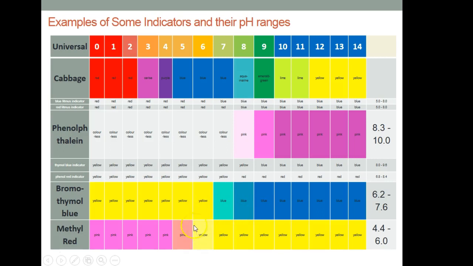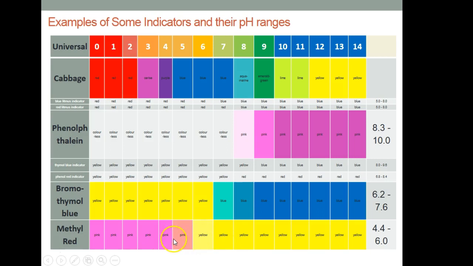All right, and then methyl red, it's going from pink, so it's more in the acid region. All right, so you're going from pink to yellow. It's still in the acid region, so 4 and 7, or 4 and 6 rather.